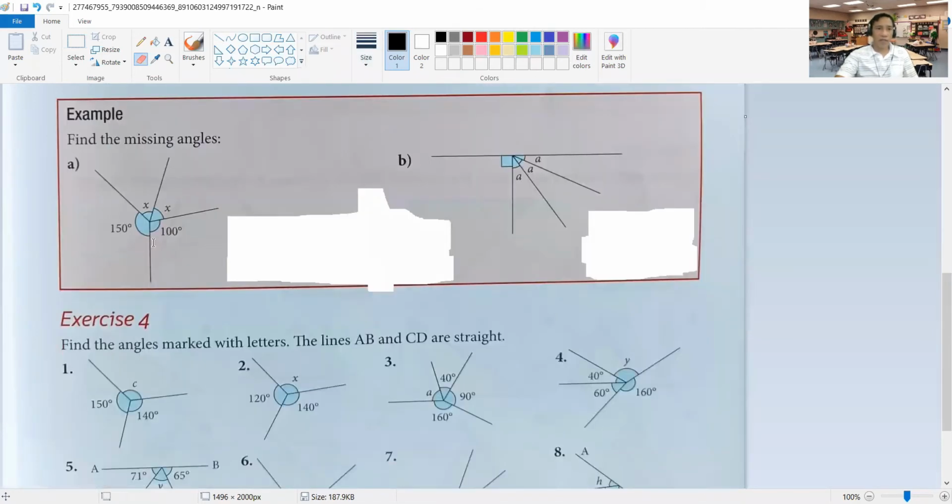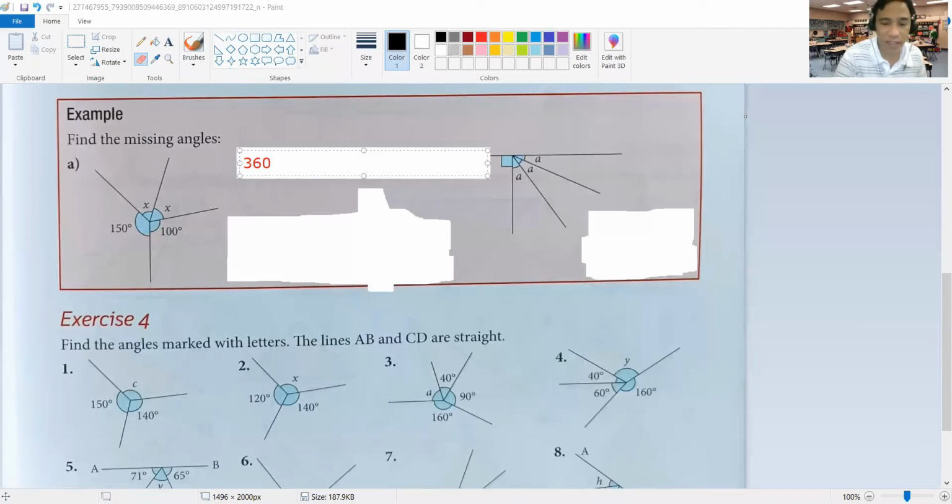Now as you can see here, we just discussed that if you add these four angles, like angle x plus x plus 100 degrees plus 150 degrees, that is equal to 360 degrees. To solve this problem, you will get 360 degrees minus the sum of 150 plus 100 plus x, because you have two x's here.